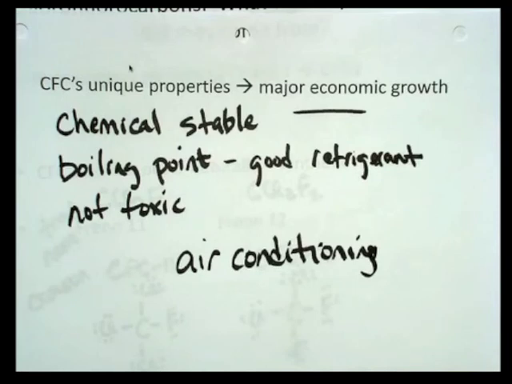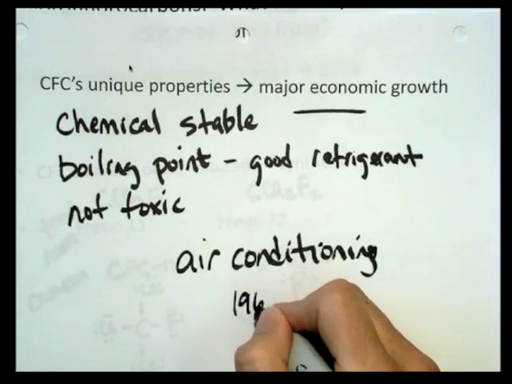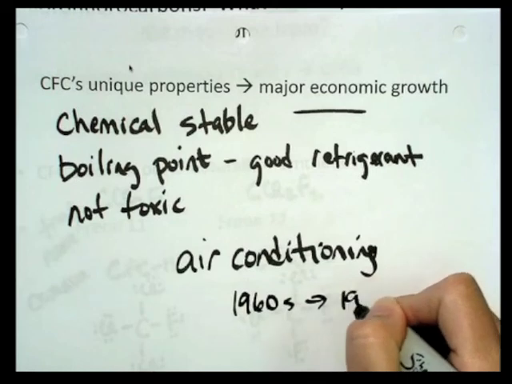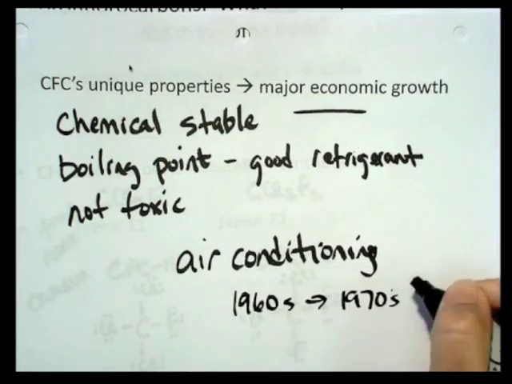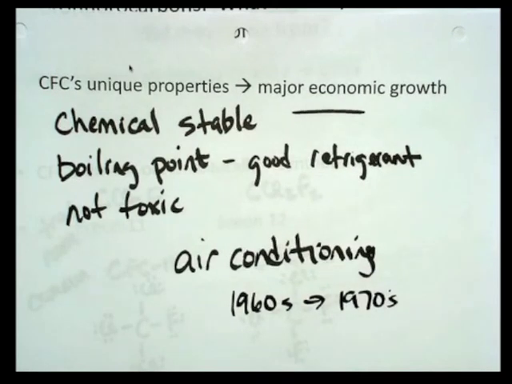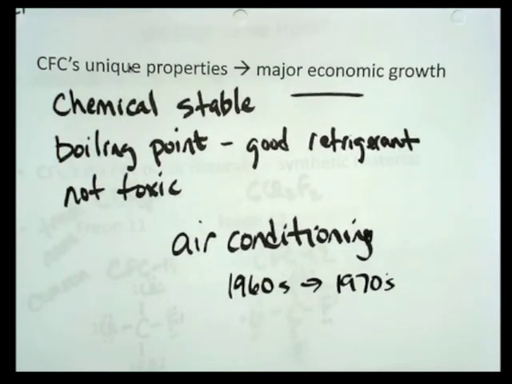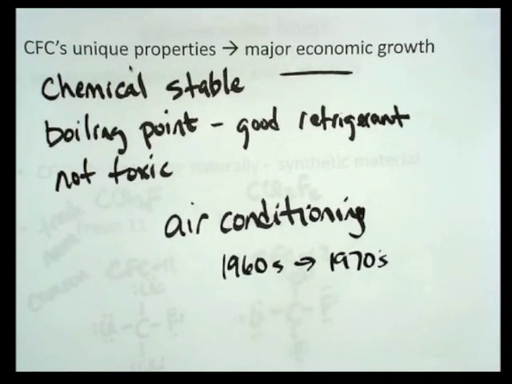The factories were in the north by and large because it was cooler up there, and in the summer it's just about unbearable in the south if you don't have air conditioning. So it revitalized the economy from the 1960s to the 1970s in Houston and Atlanta, and later even Austin and San Antonio were able to attract business, manufacturing and other types of jobs that otherwise were not available in the South due to the lack of air conditioning.